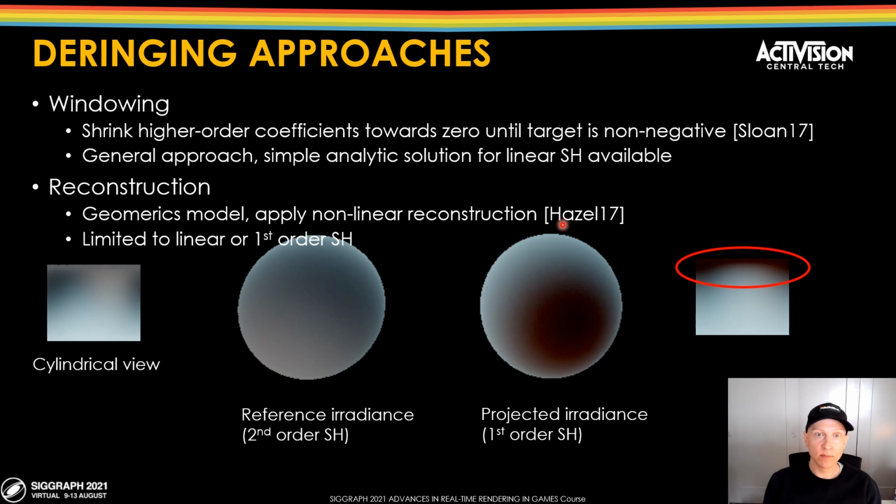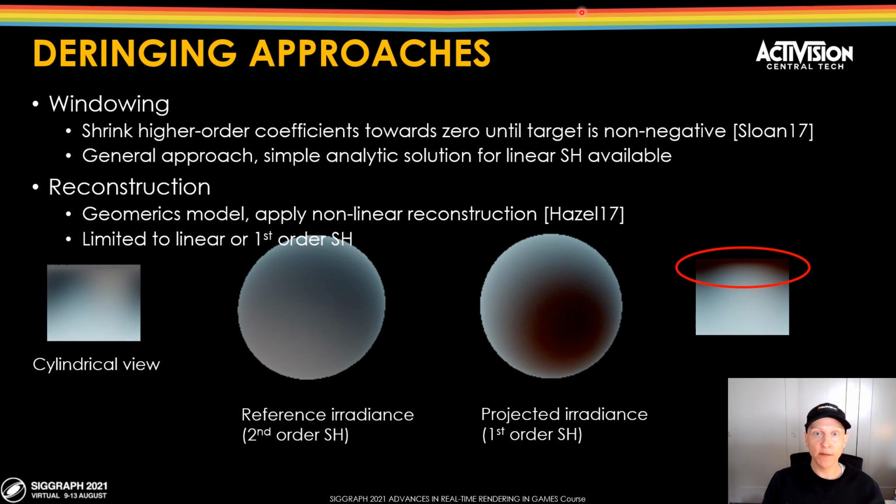There are two common solutions to fix these artifacts. First, we can window the higher order coefficients by shrinking them towards zero in order to make the reconstruction non-negative. For instance, Peter Pike Sloan used a searching routine to find the minimal windowing coefficient, and this problem also has a simple analytic solution for linear SH.